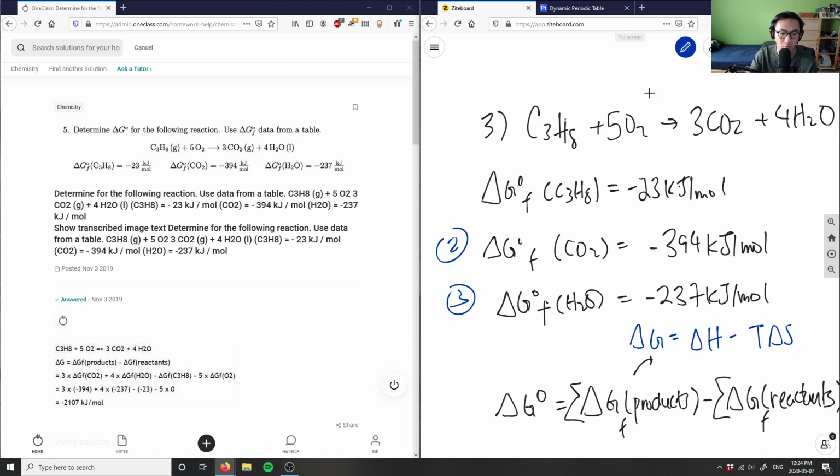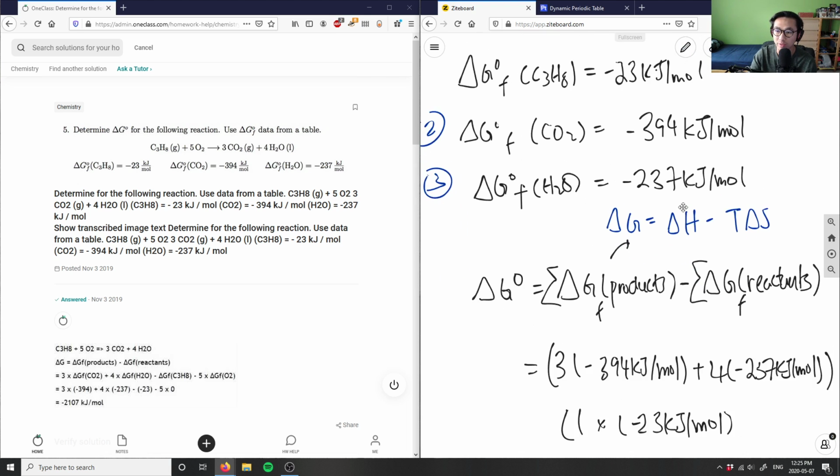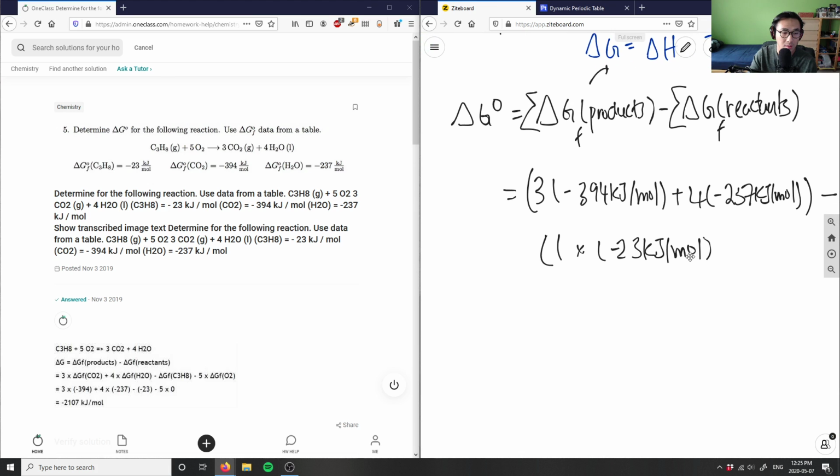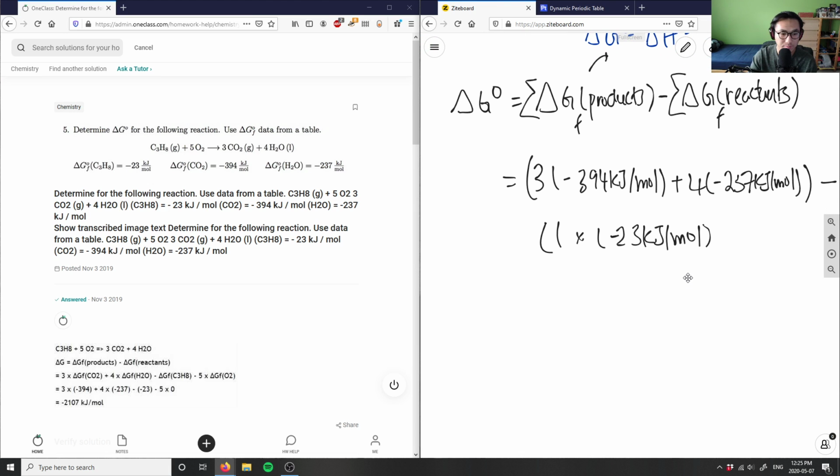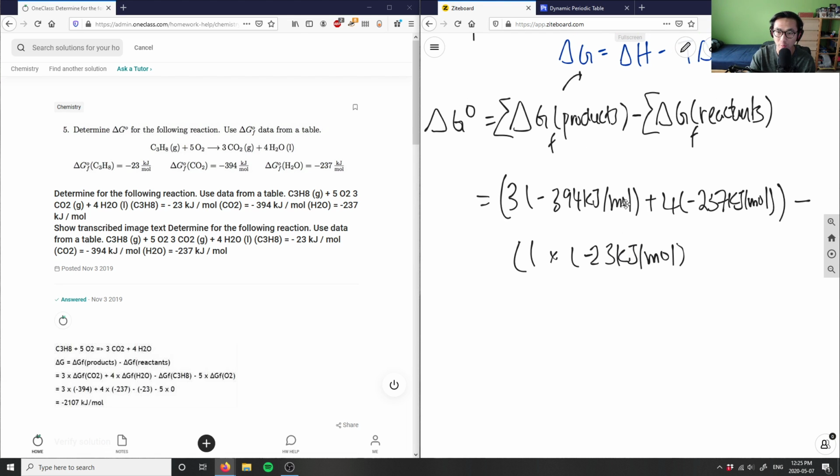So we can simplify this equation and get rid of the oxygen, so we don't even have to write the oxygen here. You could say plus 0, but it doesn't really matter. Adding 0 to the equation doesn't do anything.